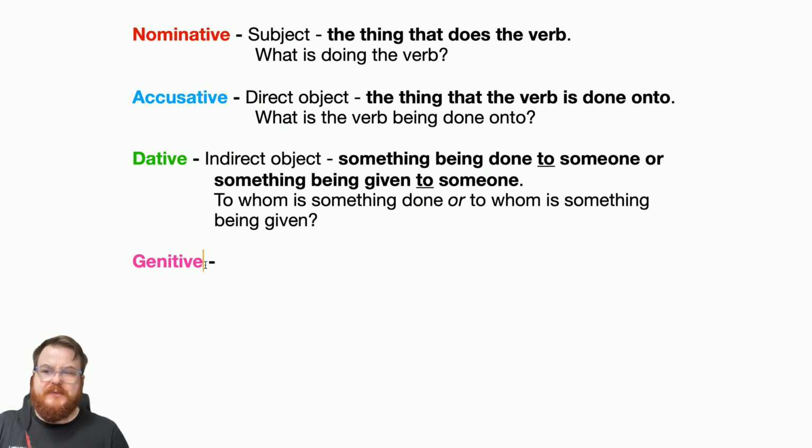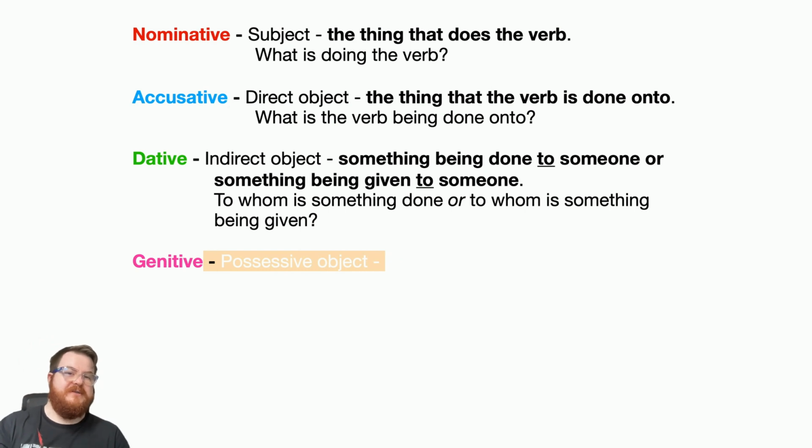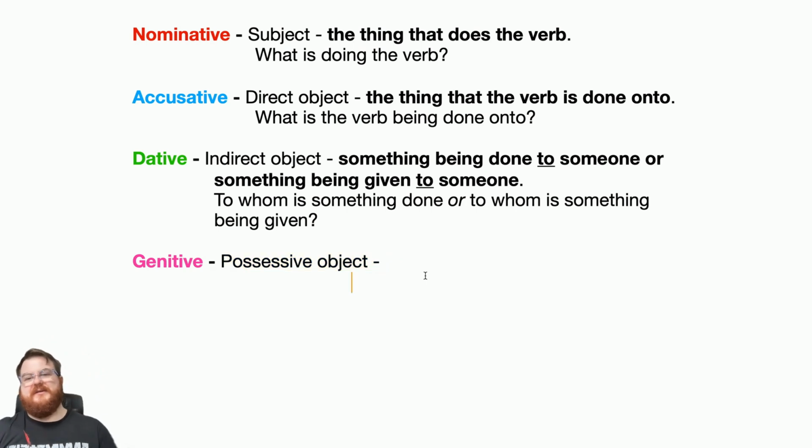Genitive, our fourth and final case, marks the possessive object. And I'm going to be using pink for this. The possessive object. Now, what do I mean exactly by possessive object? So, possessive means that we have something that belongs to something else.